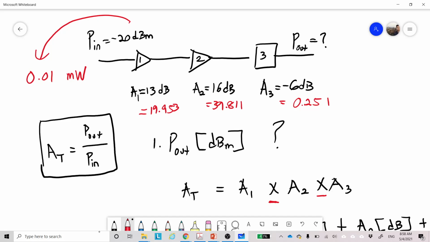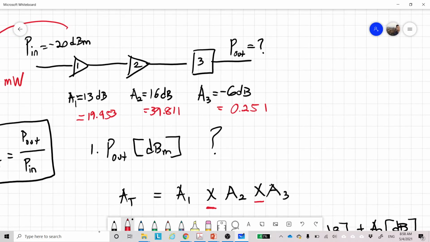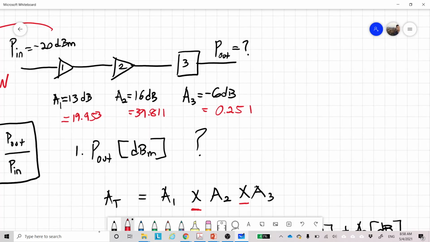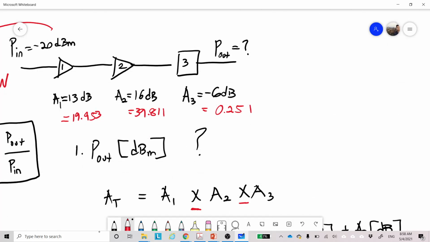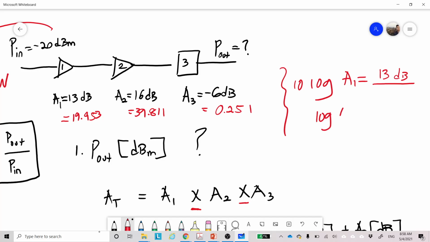Doctor, I have one question. How to get 19.953? I mean the formula. Okay, so I show here. 10 log A1, so you will get in terms of dB, right? So 10 log A1 you get 13 dB. So you need to divide with 10, so log A1 is equal to 1.3.